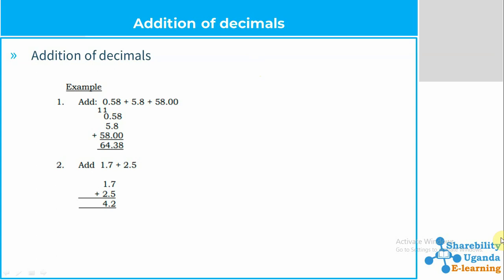Let's have a look here. We have our example, which is given, and they are telling us to add 0.58, plus 5.8, then 58.00. So that is what they want us to add. How do we come up with an answer like this?